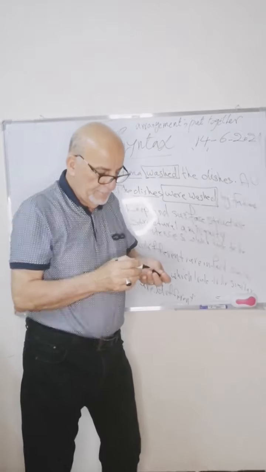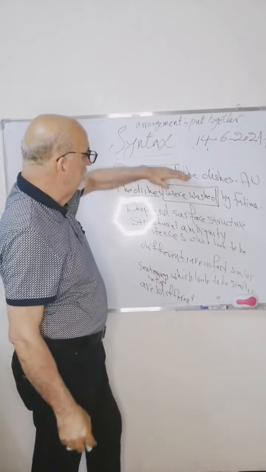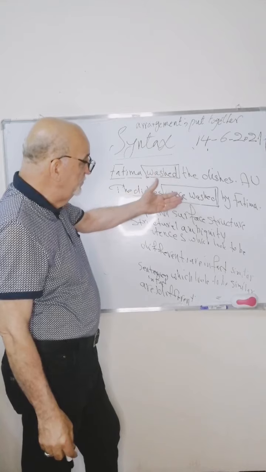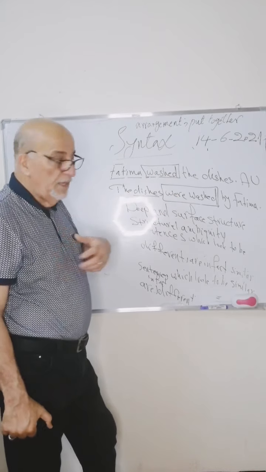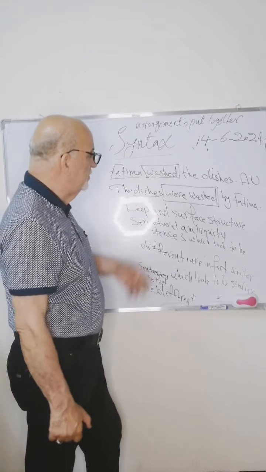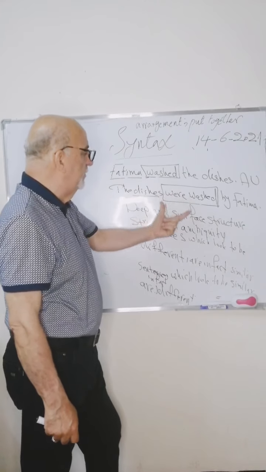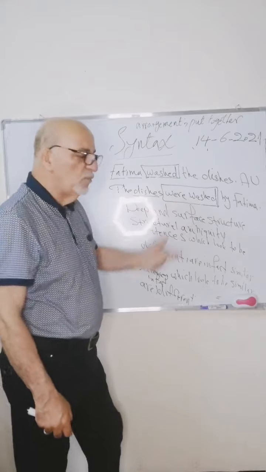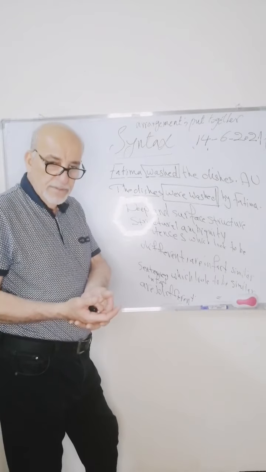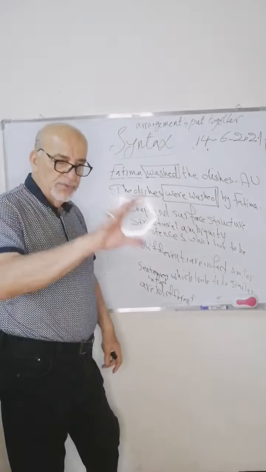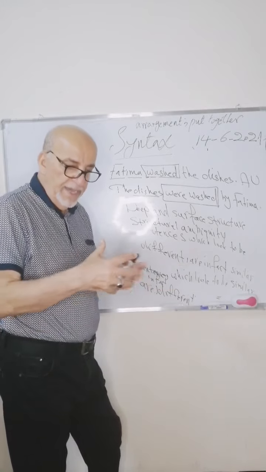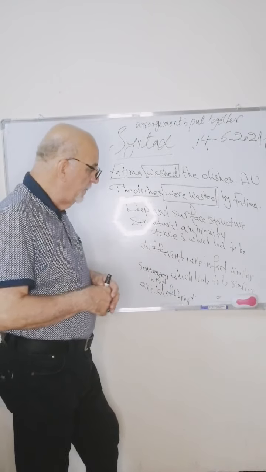So there is a difference. Now these two sentences which look to be different, they are different in structure. So at least in the verb, notice this verb here, washed, here were washed. So there is a difference. Not like John is easy to please, John is eager to please. They are very, very identical.